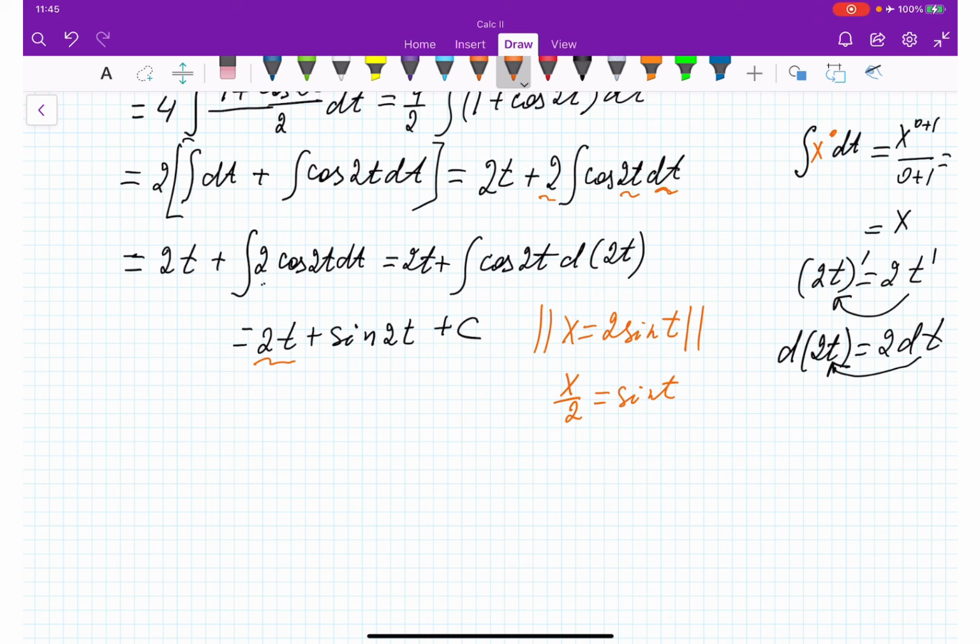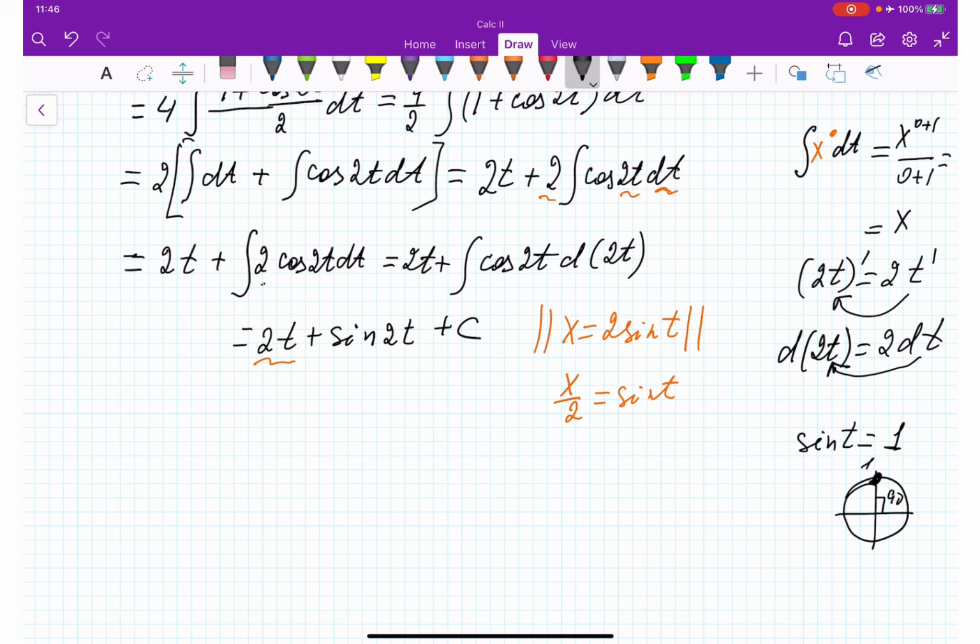And t, let me tell you something. If, let's say, sine t is equal, for example, to 1, right? And we know with what angle sine equals 1? It's going to be 90 degrees, correct?